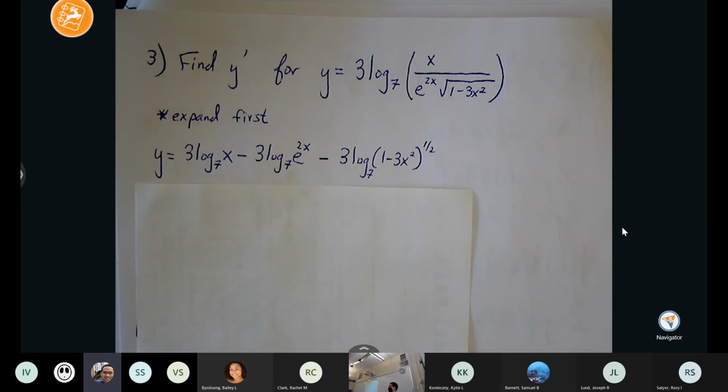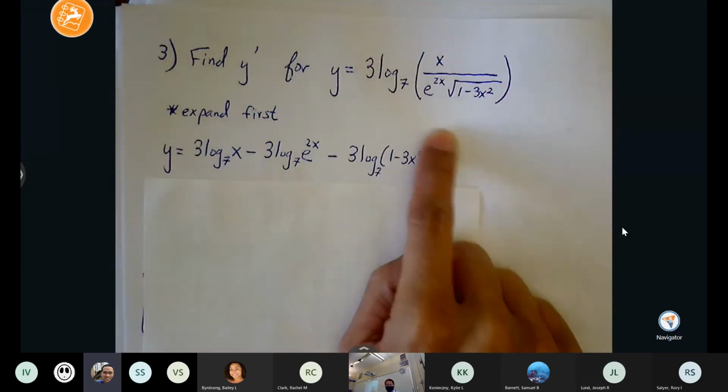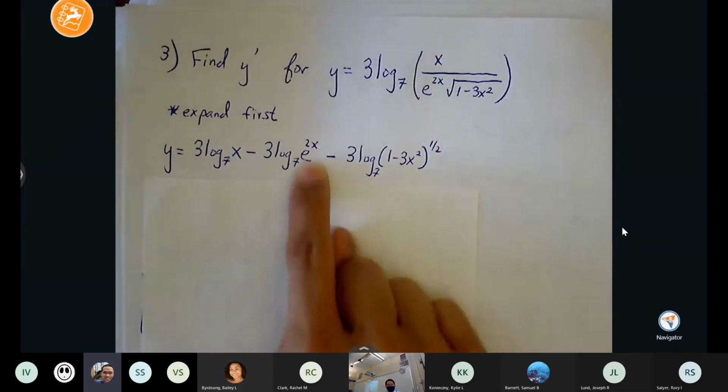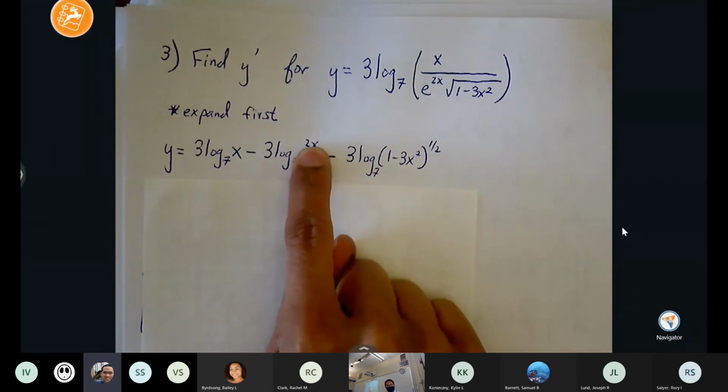Okay, what can we do next? Can we move some of the exponents down in front of the 3? Yeah, you can bring the exponents down. Bring that 1/2 down. You can bring this 2x down if you want. I'm going to leave that there.